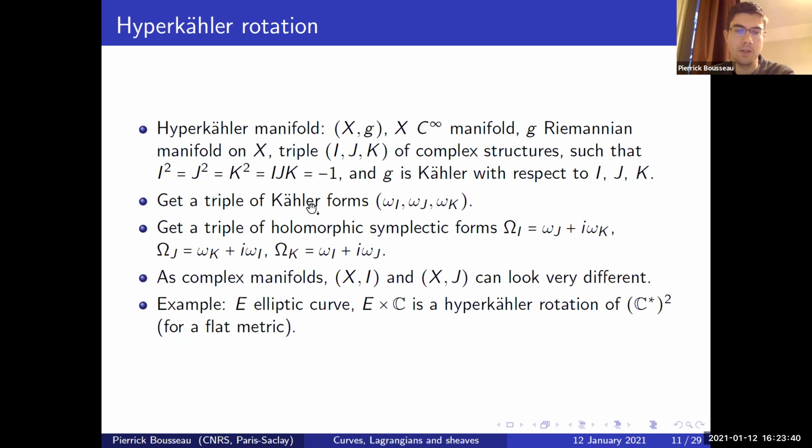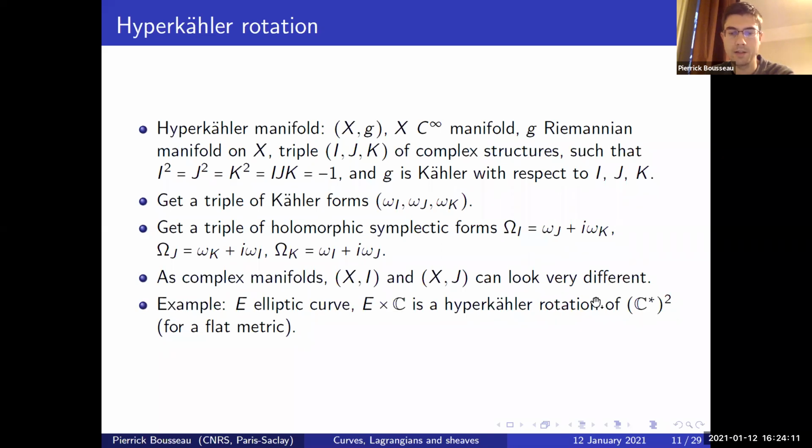And in general, if you have some hyperkähler manifold, and you look at the various complex manifolds that you get for various complex structures, so X_I and X_J, for example, they can look very different. A very simple example: if you take E, an elliptic curve, a smooth genus 1 curve, and you look at E cross C, then there is a flat Riemannian metric on such a thing, which after hyperkähler rotation becomes C star squared.